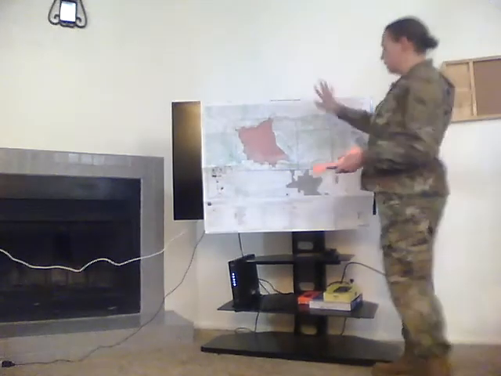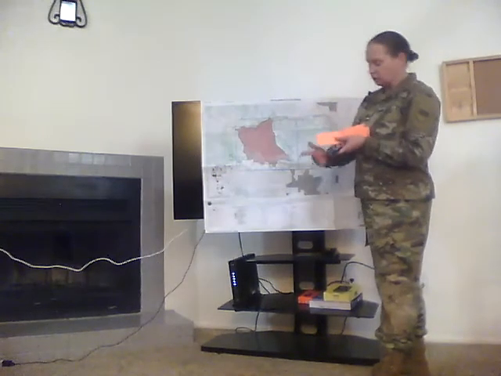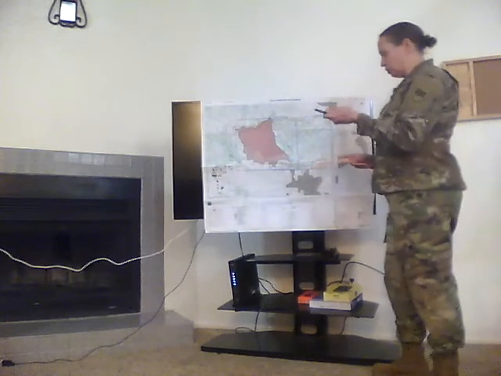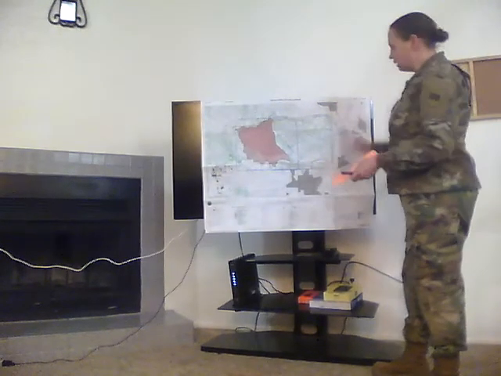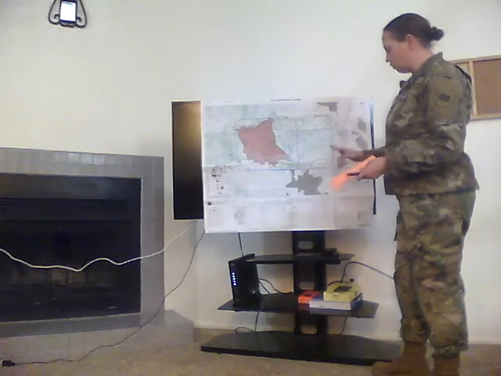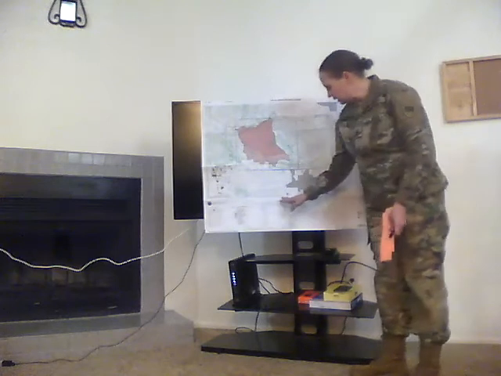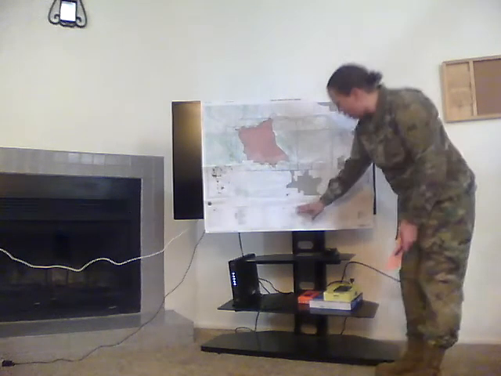Here is our map. We have our straight edge paper and our pencil. The first step is to identify the graphing scale, which is here below the map.